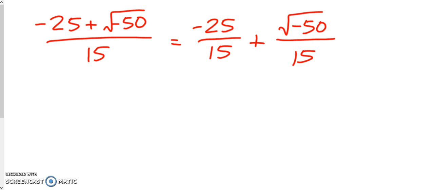Give me something. I can do that here. I can't do that there because of the square root. But if I reduce this by 5, this would be -5/3, right?